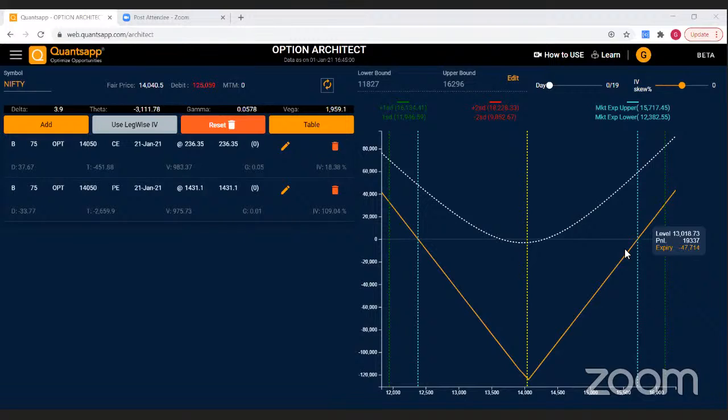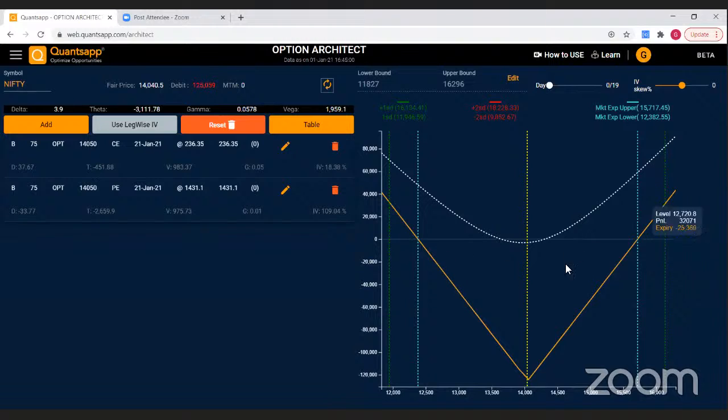If you are making a complex strategy, the break-even is going to be more complex to work out. So let the option architect calculate it for expiry as well. I can see this requires a long period and a large movement to make you in the money. So this is the place where you can see it.